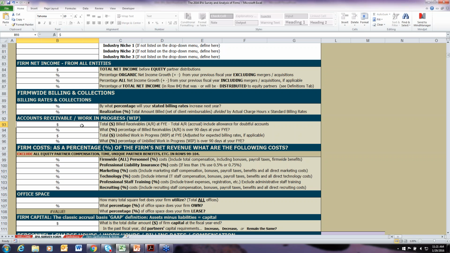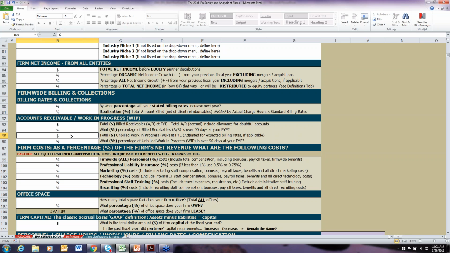All right, seeing none, let's move on to the accounts receivable area, starting in row 93. This is pretty straightforward. Total accounts receivable on an accrual basis is what we're looking for here on row 93. Be sure to include also any allowance for doubtful accounts to give us a true indication of what the total billed receivables number is.